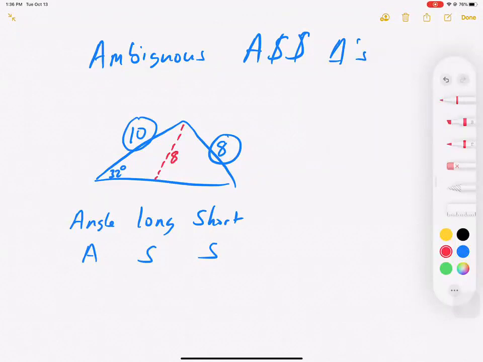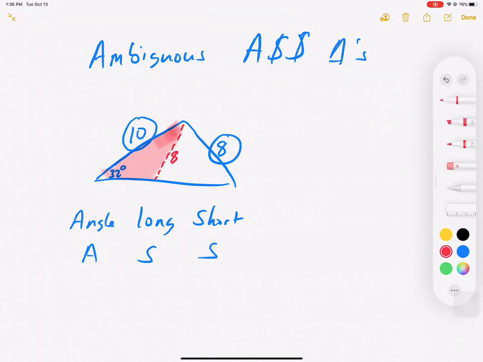That is still 32, 10, and 8, but it's just the smaller version of the triangle. That's still 8. That still fits this 32, 10, 8 triangle, but now we have 2 possibilities.